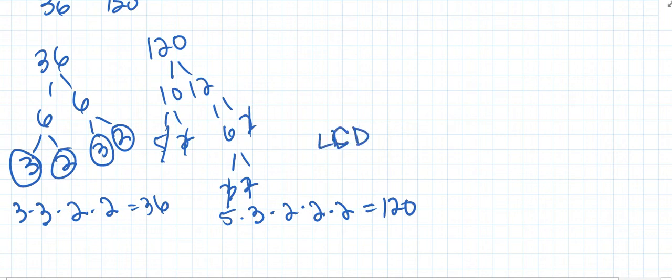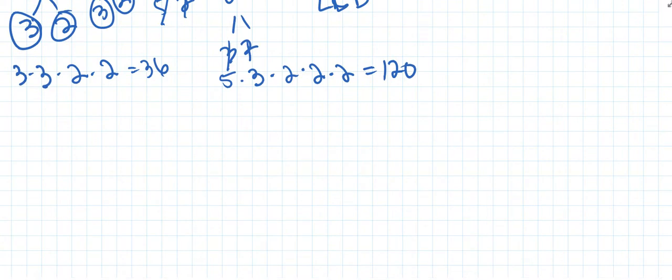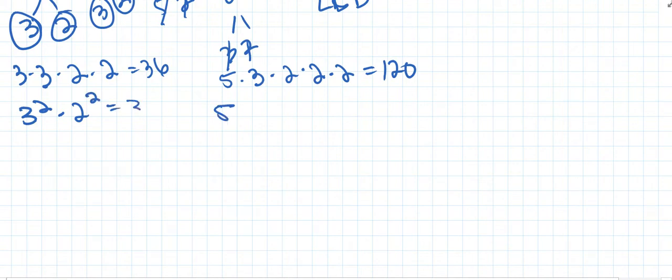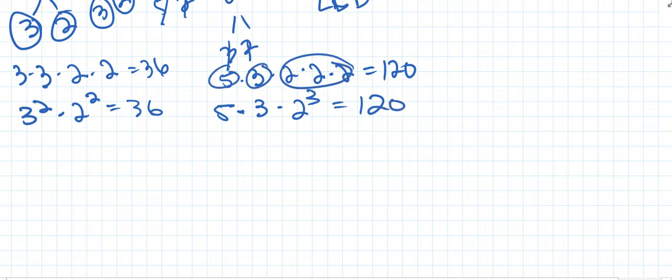So how can we use this to find the least common denominator so that we can easily add two different fractions? Well, 3 squared times 2 squared, the same as before, is 36. And then 5 times 3 times 2 cubed. All I'm doing here is combining: 2 times 2 times 2 is the same as 2 cubed, just as 2 times 2 is 2 squared, and 3 times 3 is 3 squared.